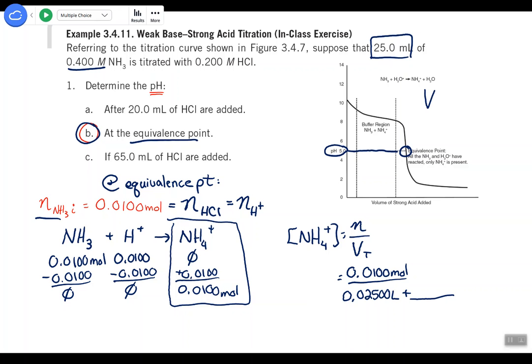What is the volume of that hydrochloric acid? We know we added 0.01 moles worth. We know that the acid was added in a 0.2 mole per liter concentration. I know the number of moles and I know the concentration. Therefore, I can solve for the volume of HCl that I added.